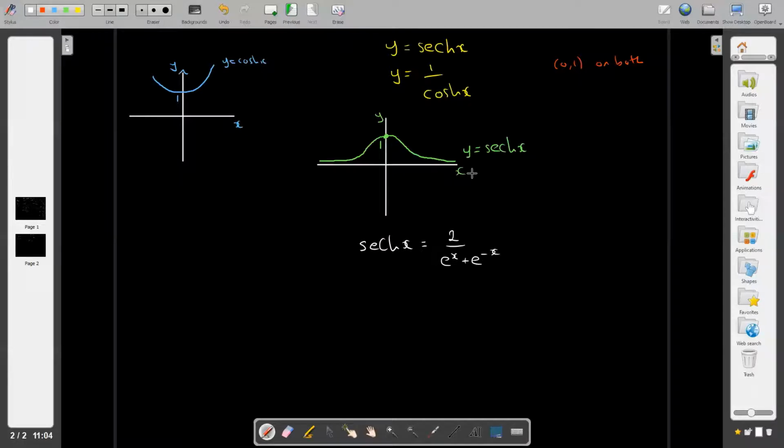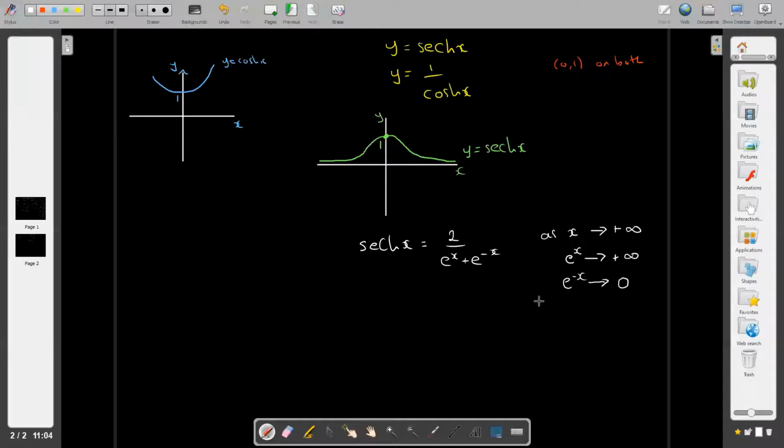So if we think about this way, as x tends to positive infinity, so as x goes this way, large, what's going to happen to e to the x? Well, e to the x is going to get large. As x gets large, e to the x gets large. So that's going to go to positive infinity. What about e to the minus x? Well, as x gets large, e to the minus x tends to 0.